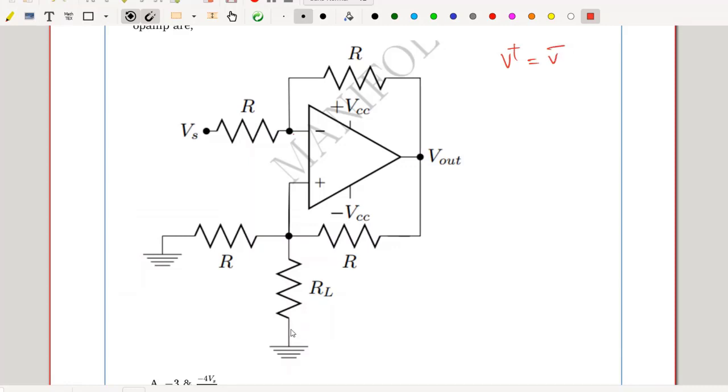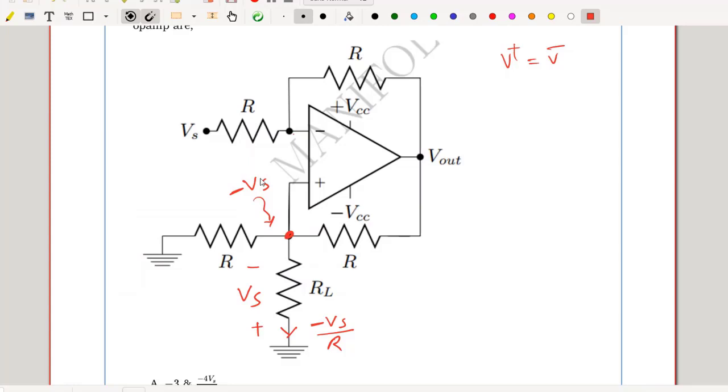The current flowing through RL in this direction is nothing but minus Vs by R. If RL equal to R, the drop across this is minus Vs by R multiplied by R, which gives me minus Vs. So this potential with respect to ground is nothing but minus Vs.